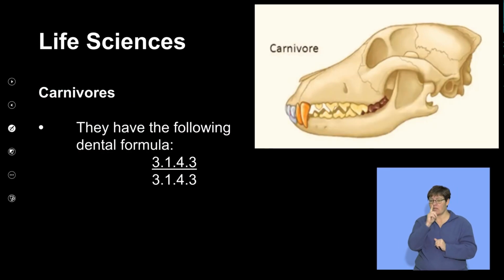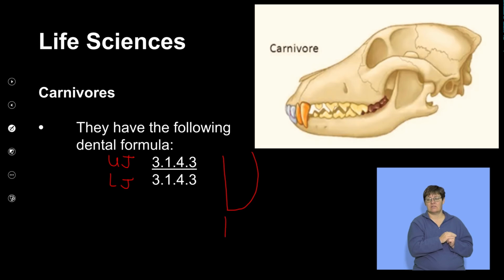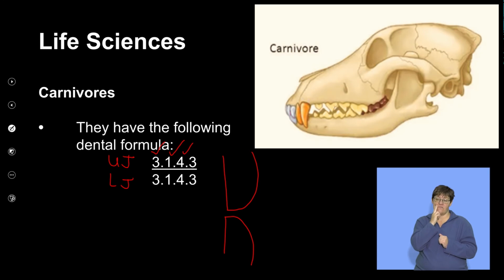Let's look at the dental formula. Again, we start with the upper jaw, and we're moving from the middle to the back, and that's of the lower jaw, essentially moving from the middle to the back. Just to give you context, again, it's that half on the upper jaw, and it's that half on the lower jaw. So we've got 3 incisors, a large developed canine, 4 premolars, and 3 molars.